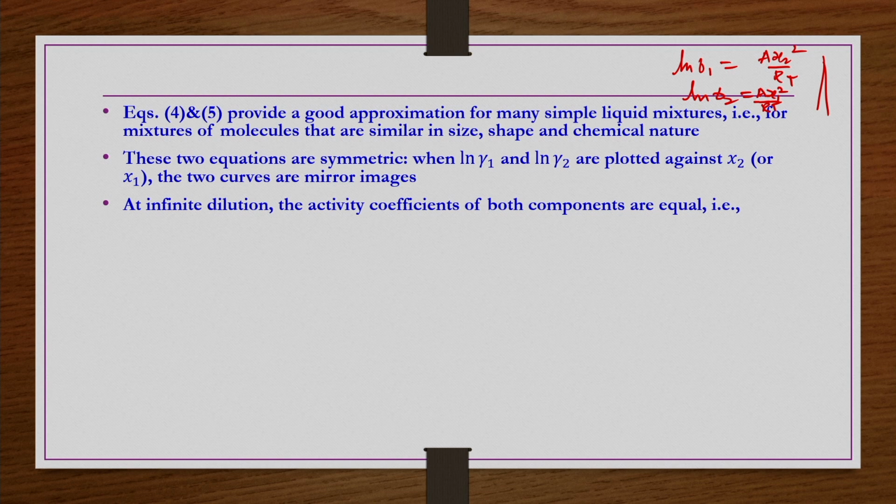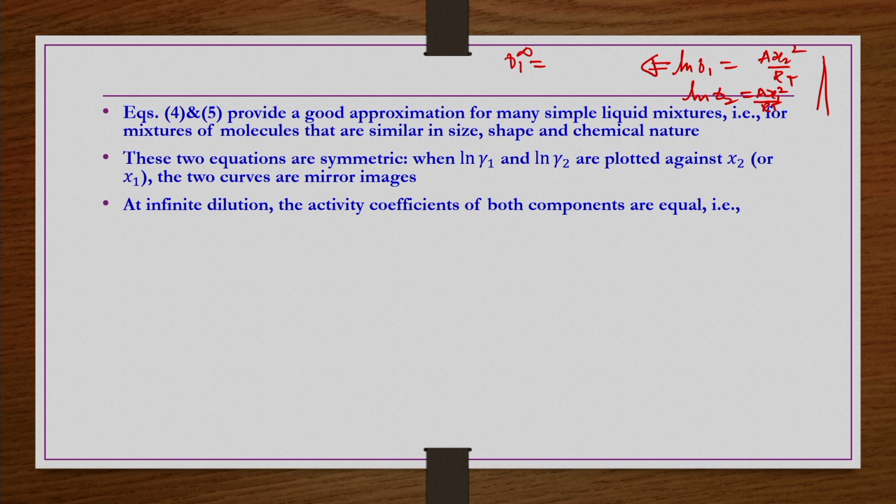So, at infinite dilution, the activity coefficients of both components are, let us say, for infinite dilution, right. Gamma 1 infinity stands for the activity coefficient of the solution where component 1 is present in very small quantity and component 2 is present in large quantity, with a mole fraction close to 1.